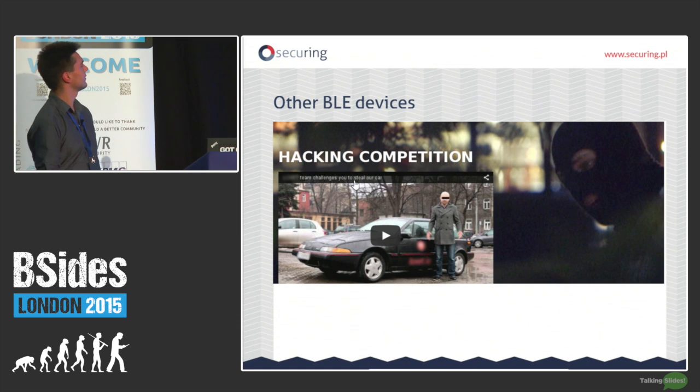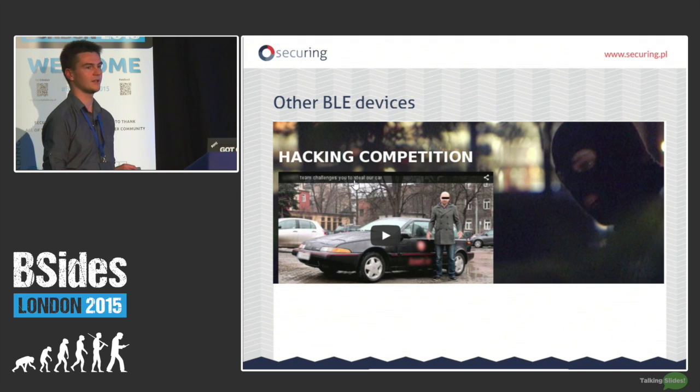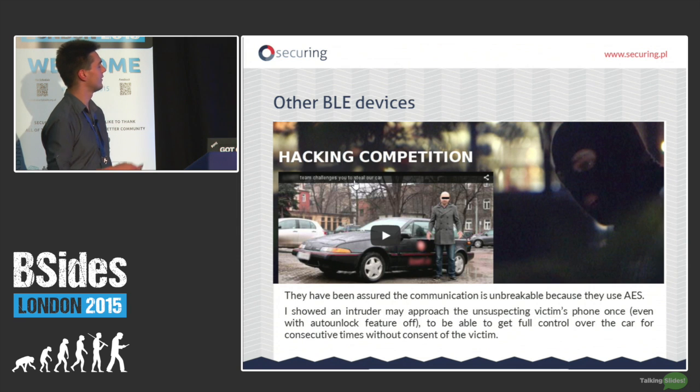And in my city, there was a hacking competition by a startup which invented an appliance in the car that connects with a mobile device, and you can open your car with a mobile application. And actually, we hacked this competition, even though somebody told them that it's unbreakable because of the use of AES.